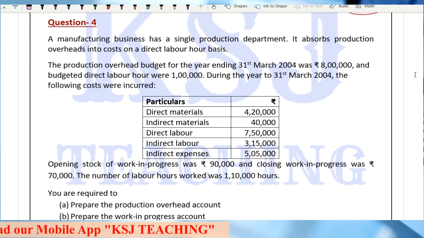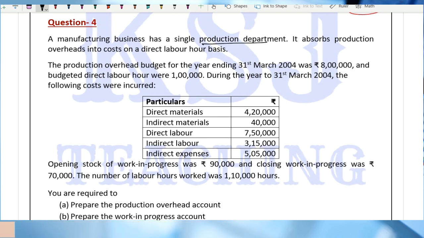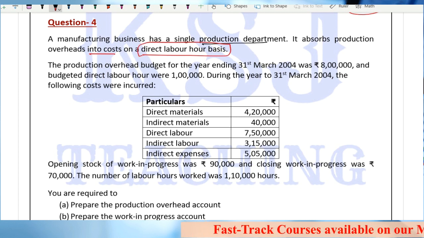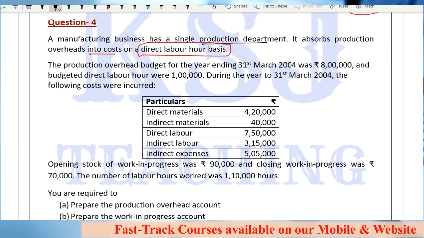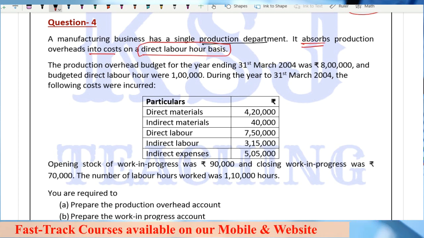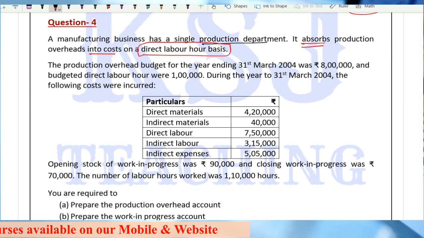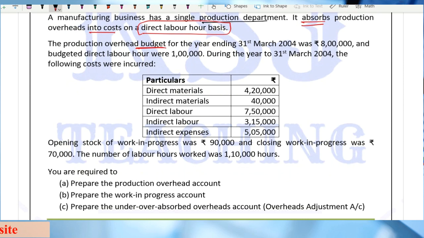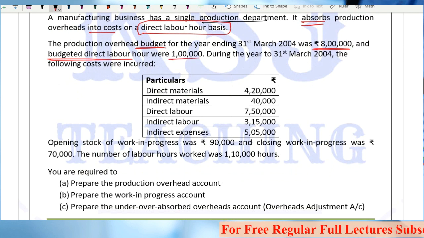Now, a manufacturing business has a single production department. It absorbs production overheads into cost on the direct labor hour basis, right? So what you are given is the base on which the absorption takes place. The production overhead budget for the year ending 31st of March is 8 lakh, and the budgeted direct labor hours are 1 lakh.